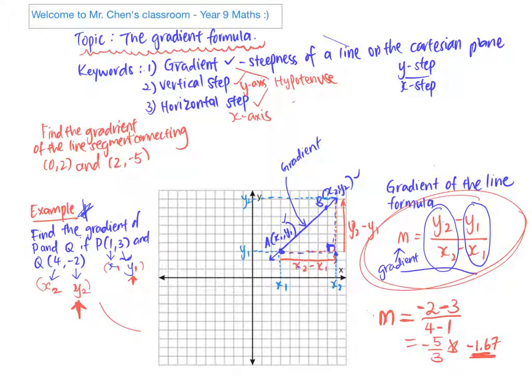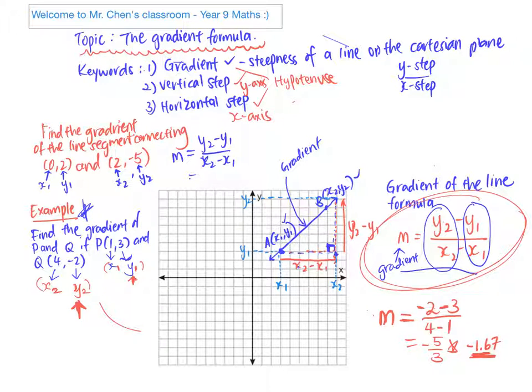Alright, welcome back. If you have done it, I'm going to go through the answer. In these two coordinates, I'm going to make the second coordinates the x2 and y2, and the other one obviously has to be x1 and y1. The formula for gradient is y2 minus y1 over x2 minus x1.